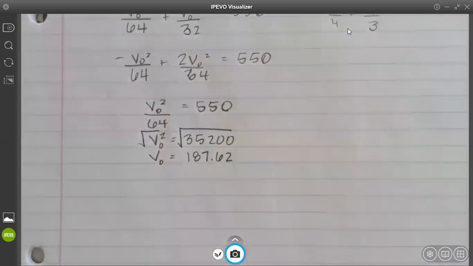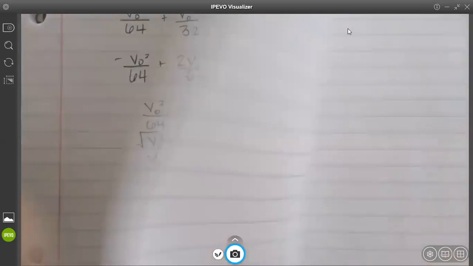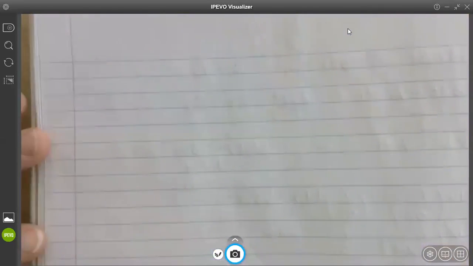So again, having to solve for that V sub O is what makes it a little bit crazy. Okay, so I definitely can understand that one. All right, 64. Everybody good with this one? Got it?